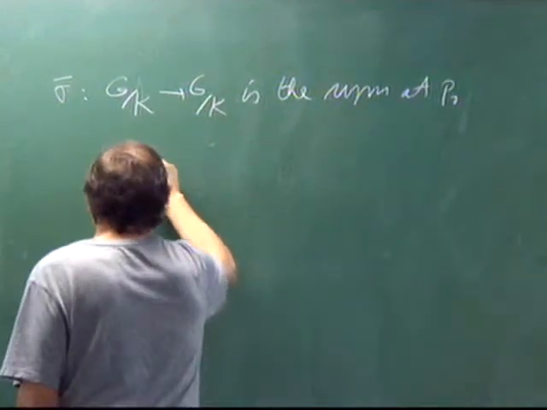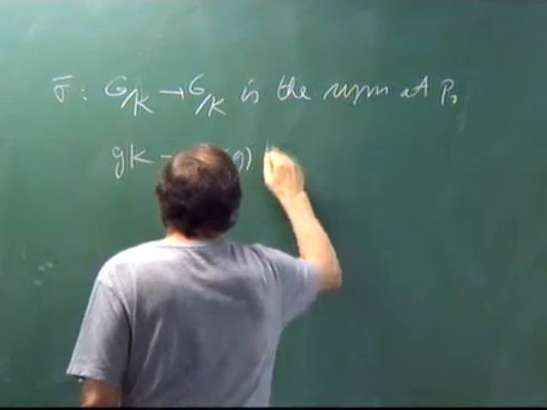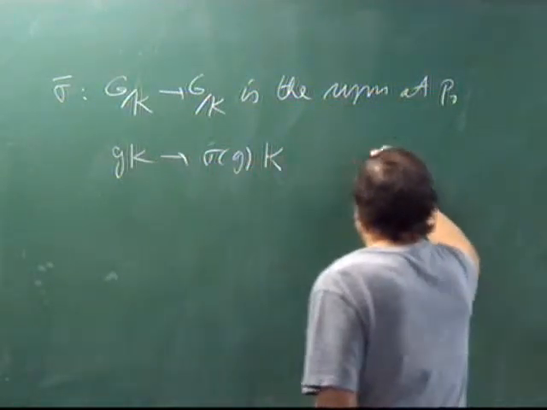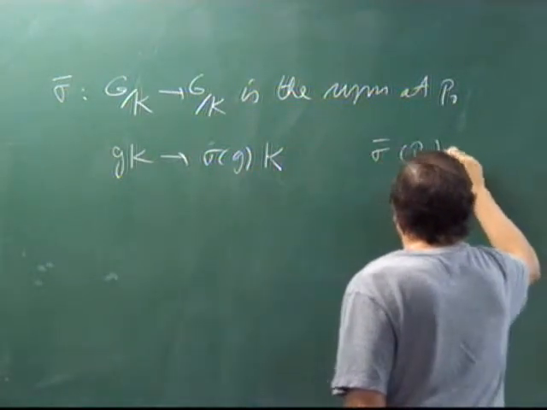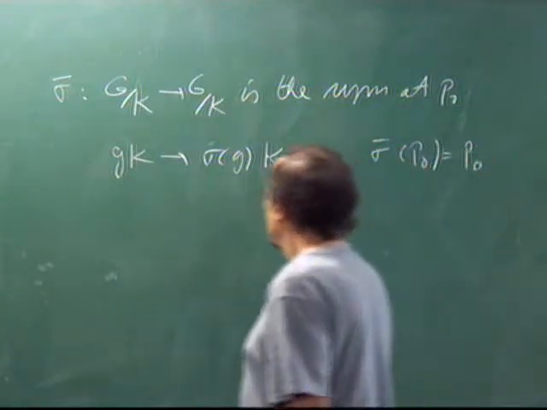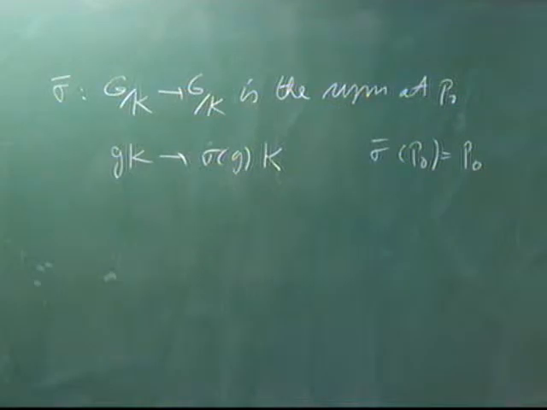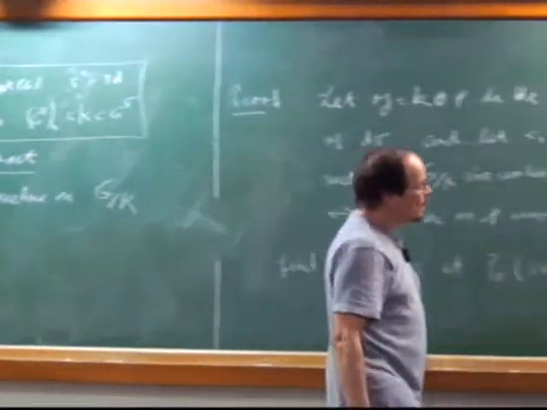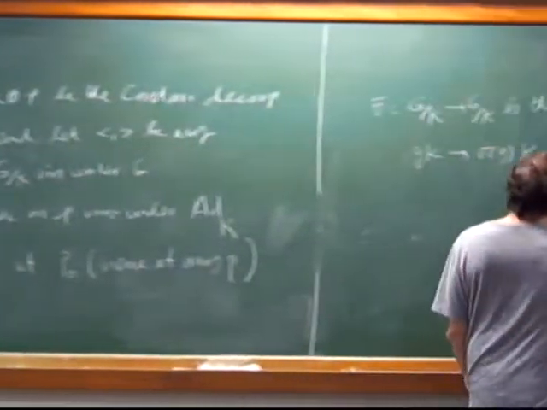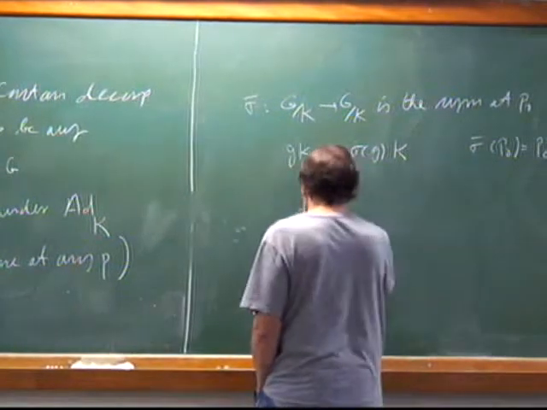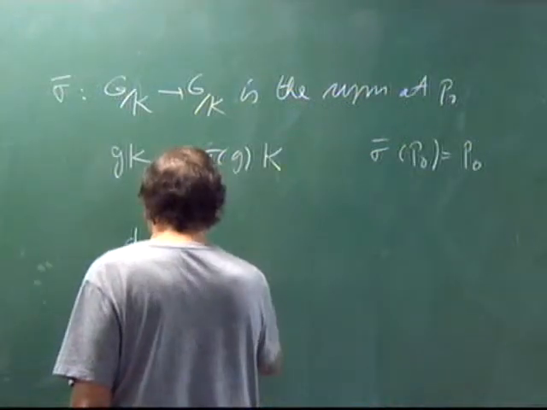It takes gK to sigma gK. So it certainly fixes p naught because sigma is the identity on K. Sigma fixes everything in K. And what's d sigma bar at the point p naught?